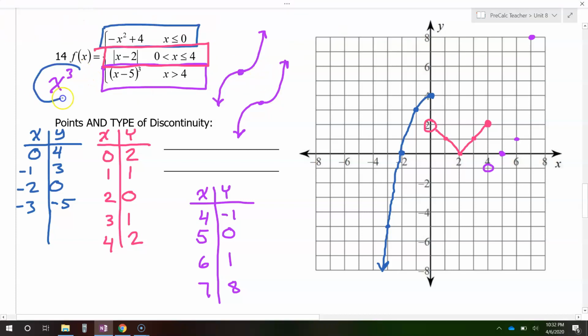If we were talking about the parent function x to the third power, this point of inflection would be right at 0, 0. Because of this minus 5, we know that everything is shifted to the right 5. So if we just take that point of inflection and move it over 5, boom, that's this right here.